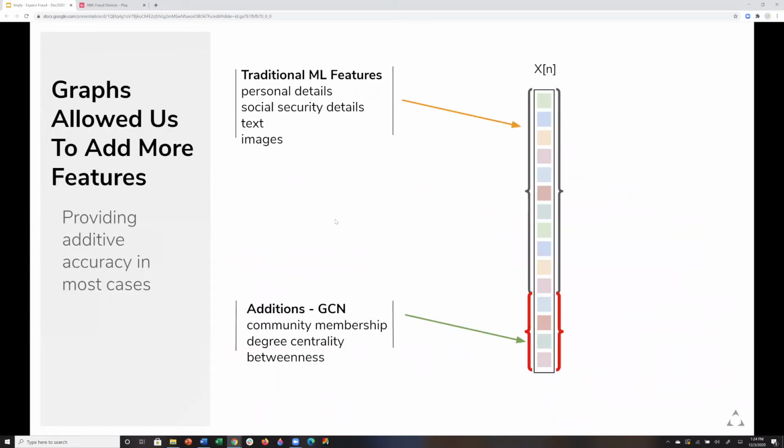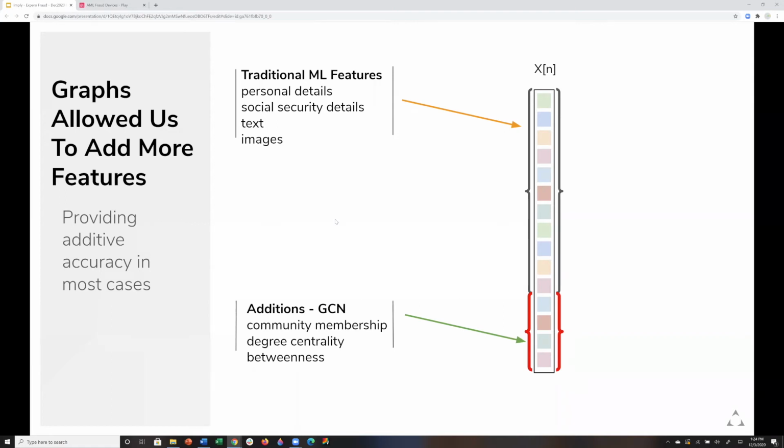So on the next slide, basically what we're talking about here is the fact that the kind of baseline machine learning that we've been doing for several years is traditional machine learning, and now we've got all of these additional input features to the vector, and this allows us for some improved accuracy.